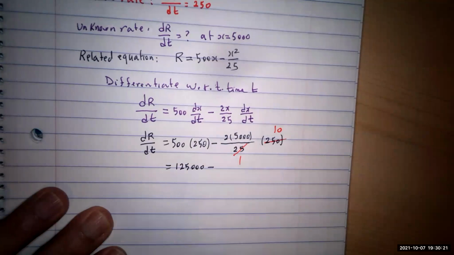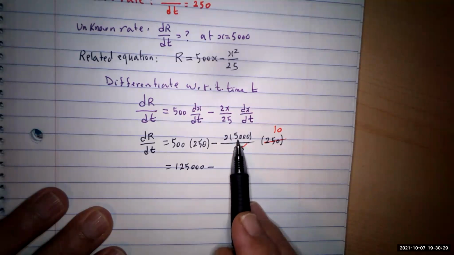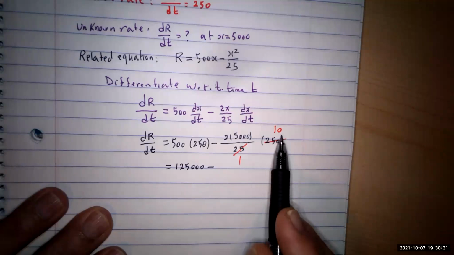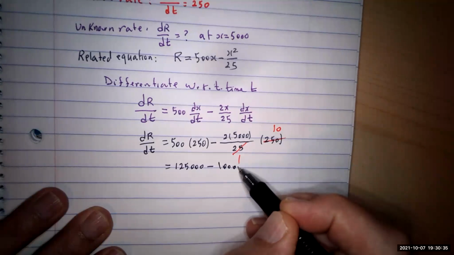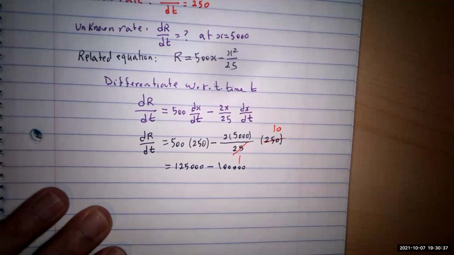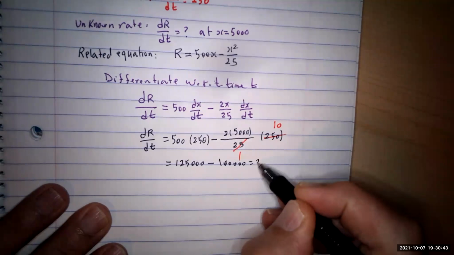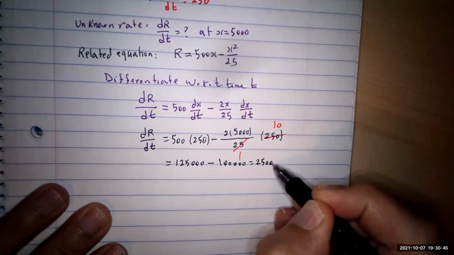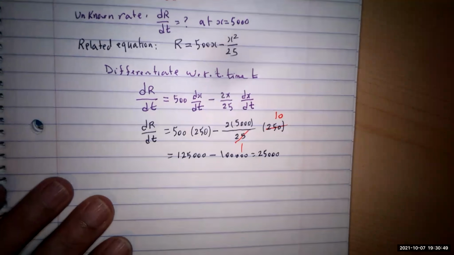Then you multiply these together. 2 times 5 would be 10, so 10,000 times 10 is going to be 100,000. So 125,000 minus 100,000 gives you 25,000.